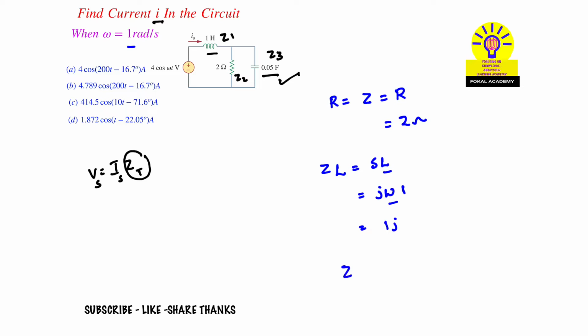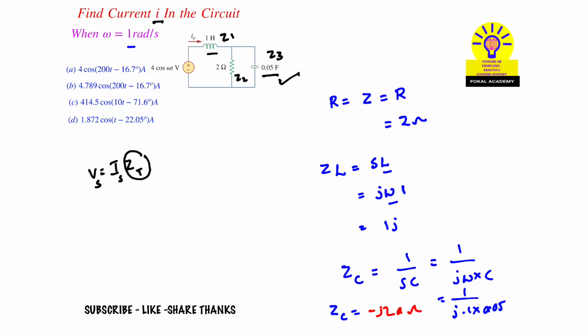Now the impedance for the capacitor is 1 by sC, so 1 by j omega C. So 1 by j into omega is 1 and C is 0.05. By simplifying this we get ZC equal to minus j20 ohms. Here 1j ohms for the inductor and this is minus j20 ohms.